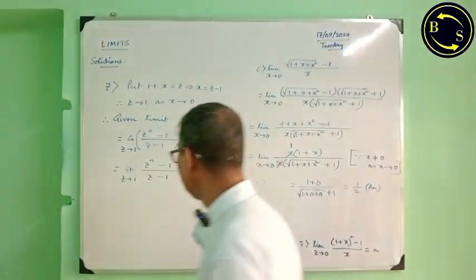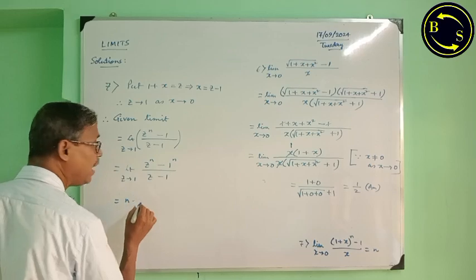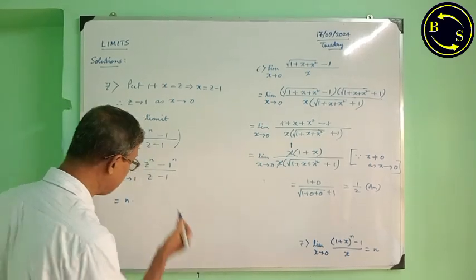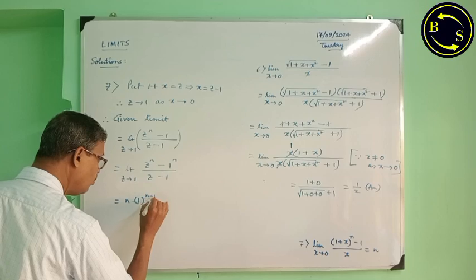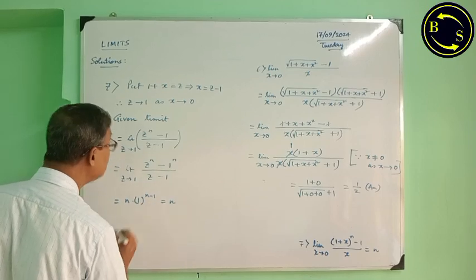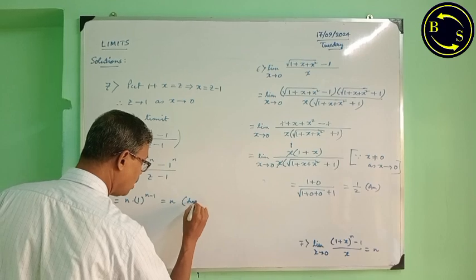Now I can put the result as n a to the power n minus 1. Here a is 1. That means finally n. This is the answer.